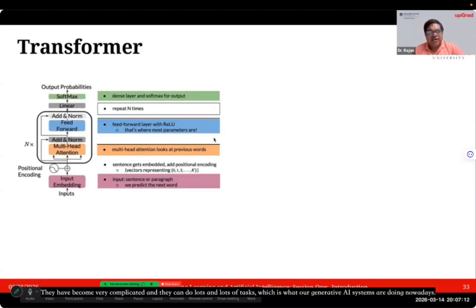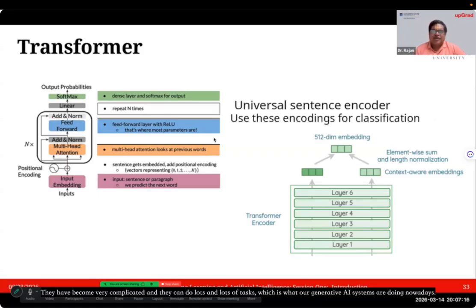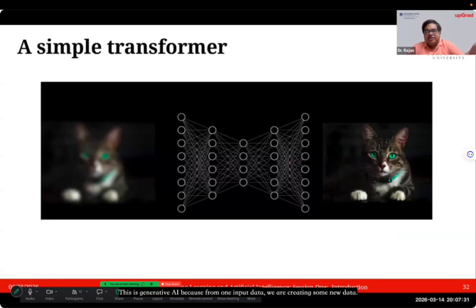They have become very complicated, and they can do lots and lots of tasks, which is what our generative AI systems are doing nowadays. Going still further, this is generative AI, because from one input data, we are creating some new data.